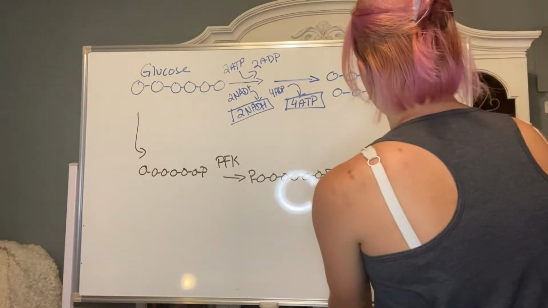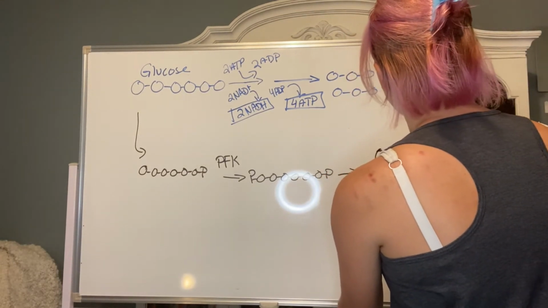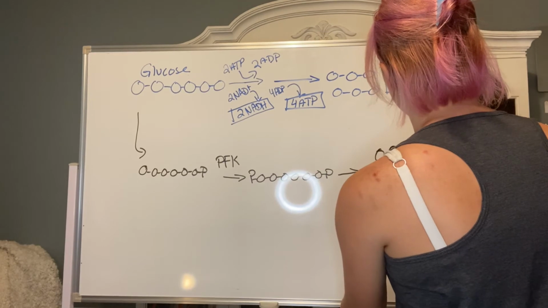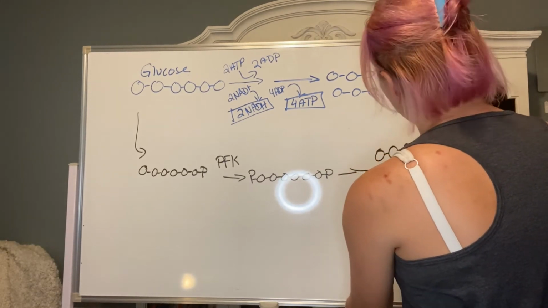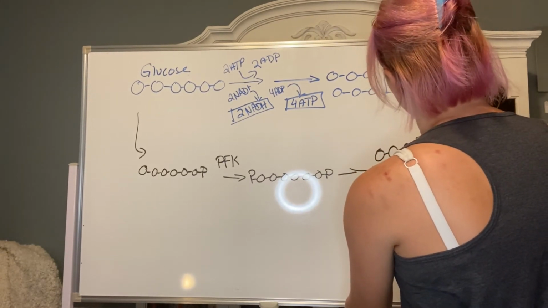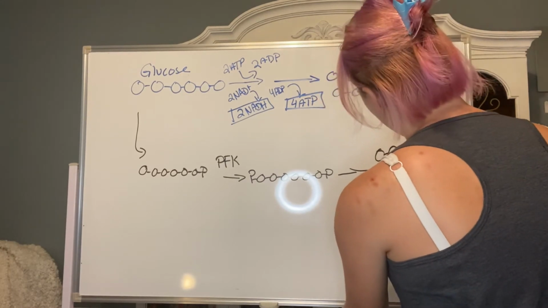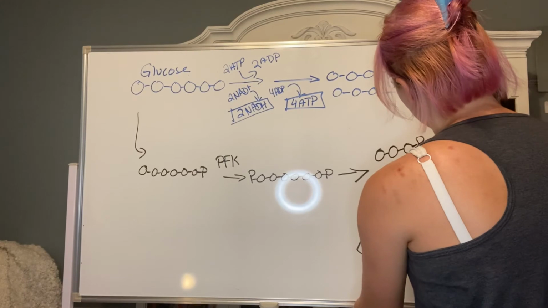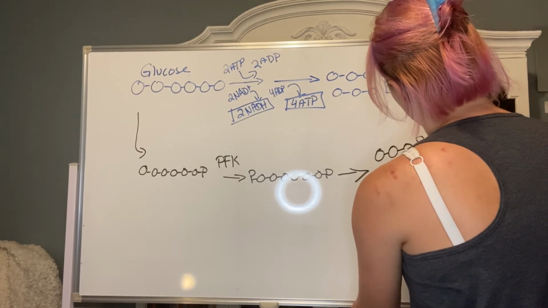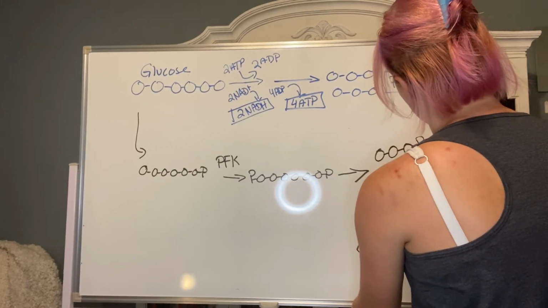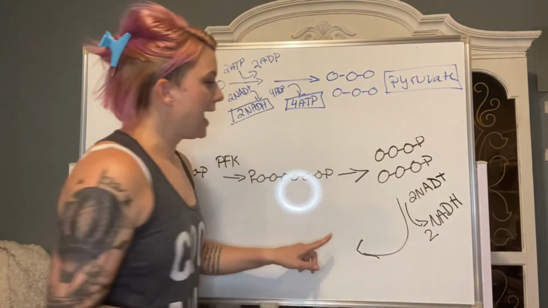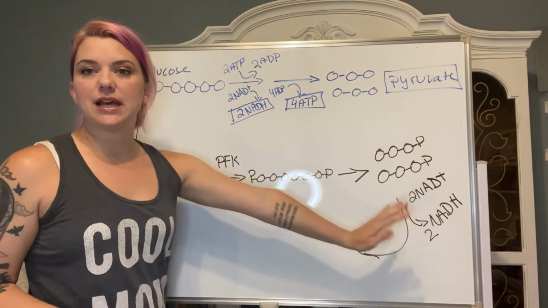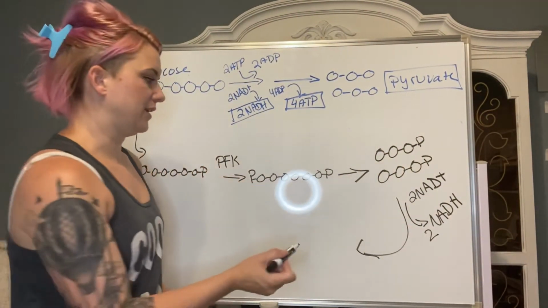So this breaks down, and so we have 2 3-carbon molecules here with the phosphates on them. And we also get our NADH here, okay? And these NADHs, as I said, they're electron carriers, and we'll go more into that in another video.